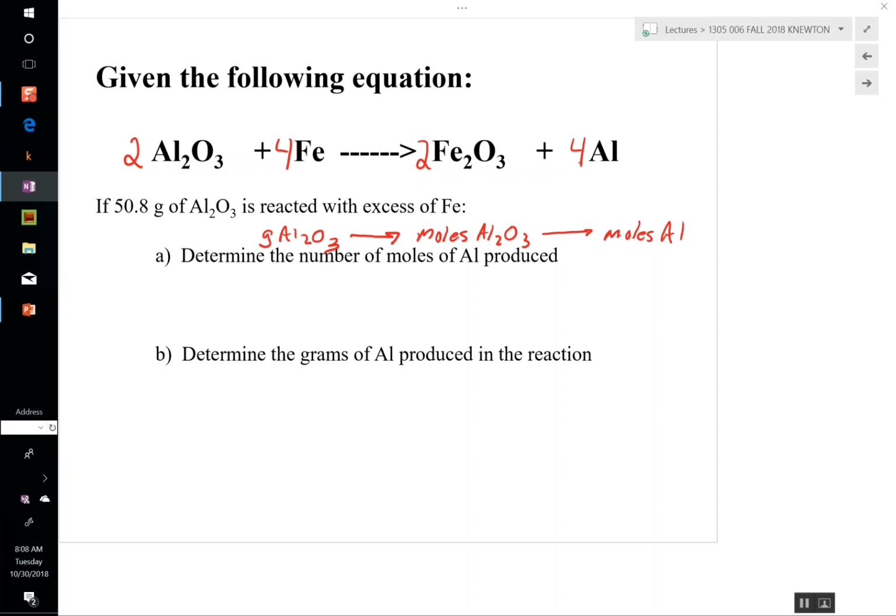But you can see every one of your numbers can be divided by 2. If you did that, you divide 2 by 2, you get 1. Divide 4 by 2, and you get 2. Divide 2 by 2, and you get 1. And you divide 4 by 2, and you get 2. Would it be wrong if you left it like that? Well, I would rather see it this way, simpler.